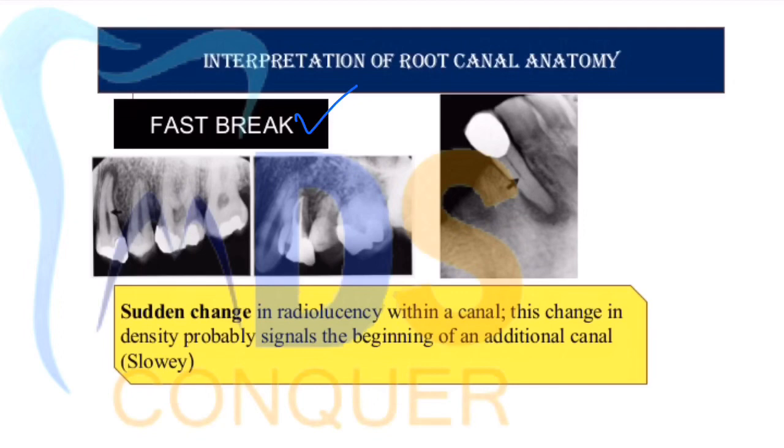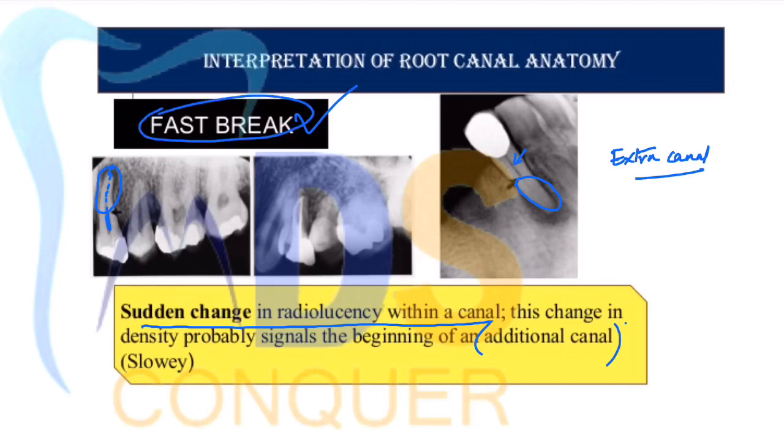For example, you can see here there is a good radiolucency, but suddenly the radiolucency has dropped here. Similarly here also, radiolucency is good here, but it has dropped here. So a sudden change in the radiolucency or density within the canal will definitely give a prediction that there may be an additional canal. That is called a fast break.